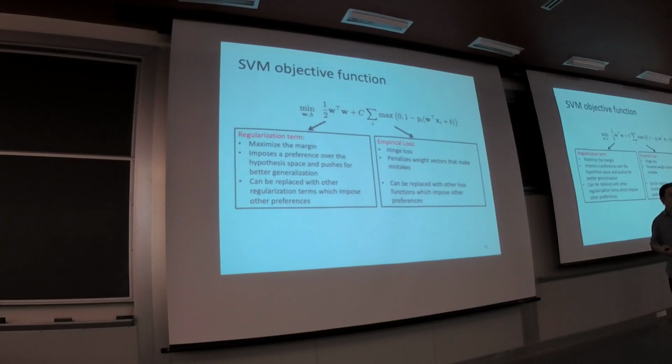And of course, when you design your own learning algorithms, you can modify this objective function. You can replace hinge loss by other kinds of loss functions according to your own flavor, or depending on applications. For example, in many applications, if you misclassify positive examples, it will have a different cost than if you misclassify negative examples.